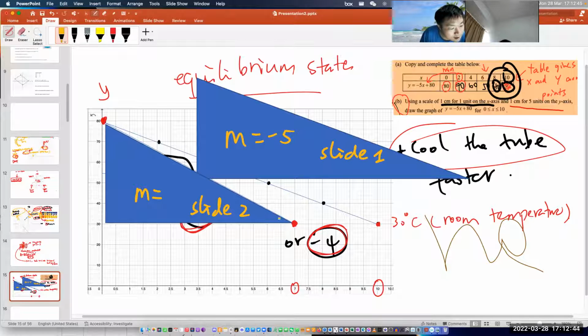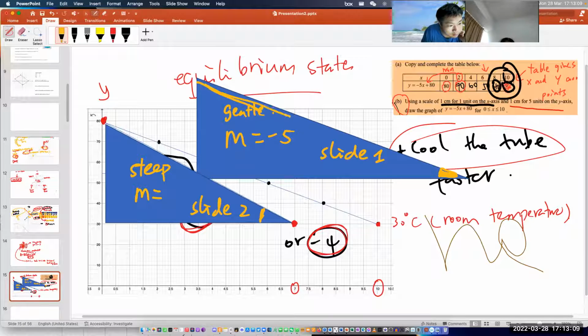So can you see that slide 2 is more angled? The slide here is more angled compared to this. More angled means this is a more steep slide. Then this is more gentle.